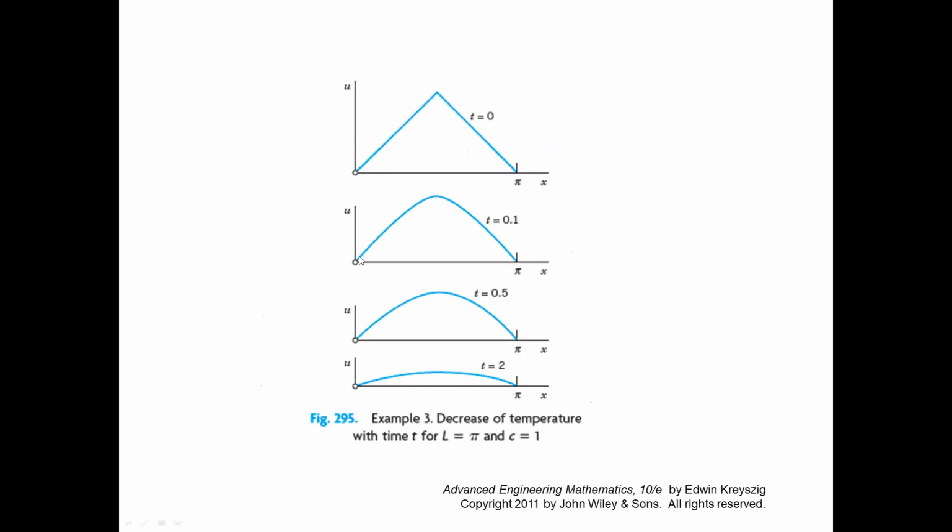Then when time goes by, you see the temperature start to drop because the two ends are kept at 0. Temperature keeps dropping until it flattens out. These are different times.